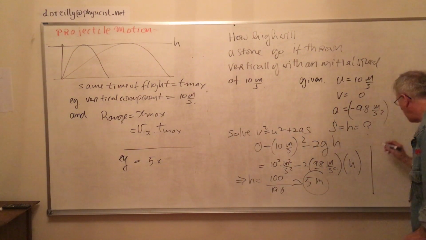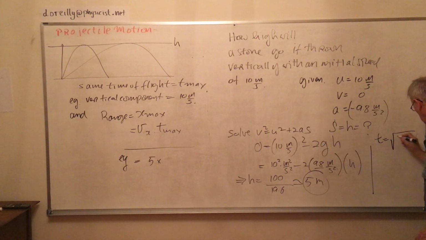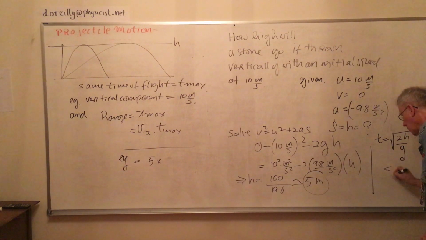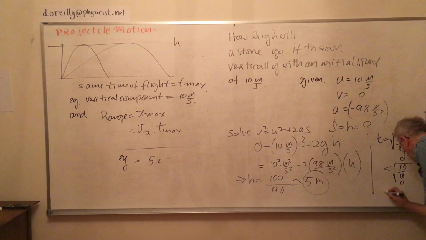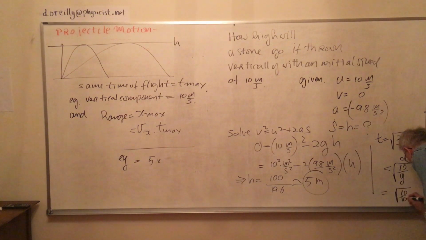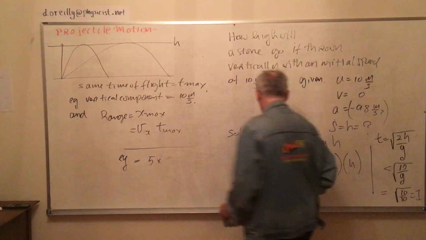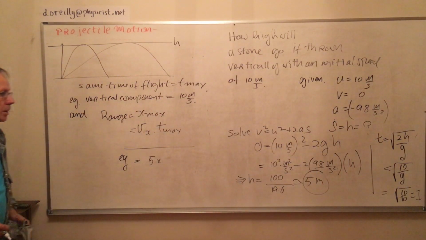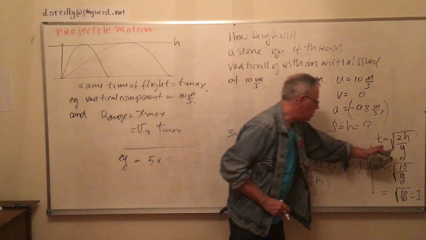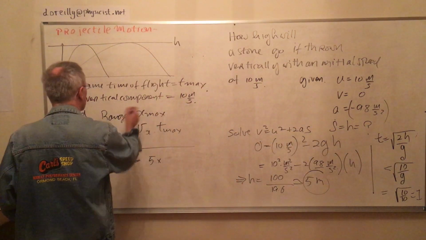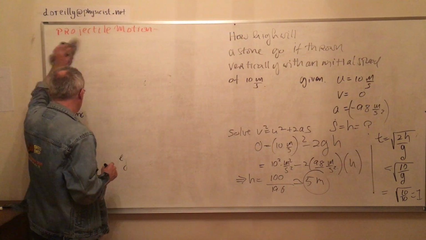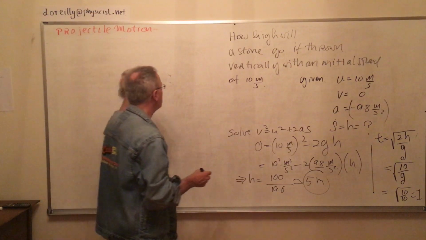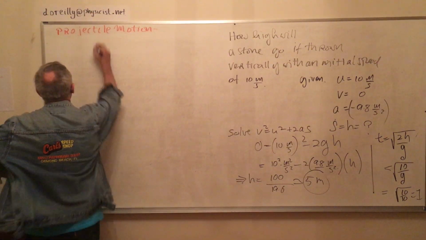What is the time of flight? Well, 2 times 5 is 10. For this particular place here, the time of flight is 1 second, because t is 2h over g. Remember that. We did this already. Maybe I'm moving too fast. Doesn't matter, as I do problems, you'll see things take shape.